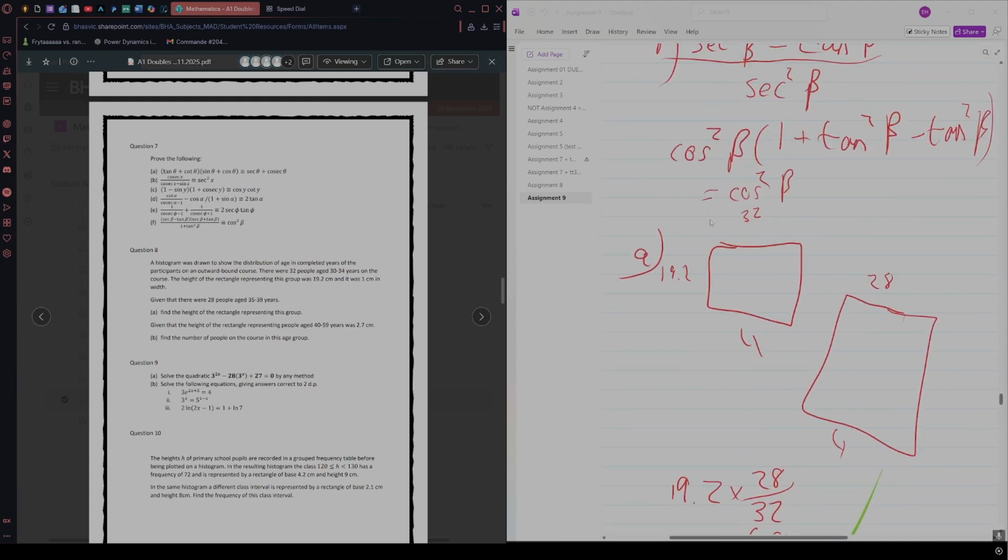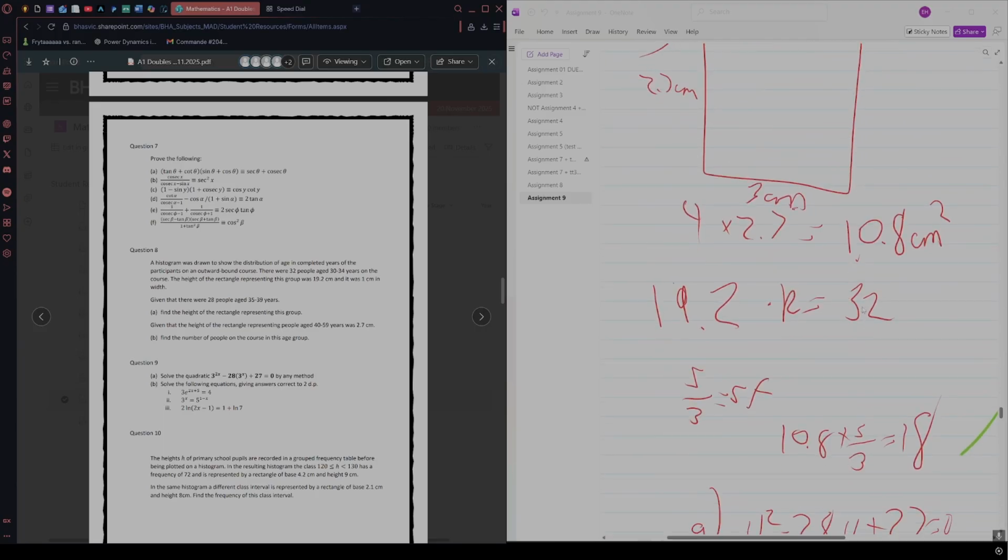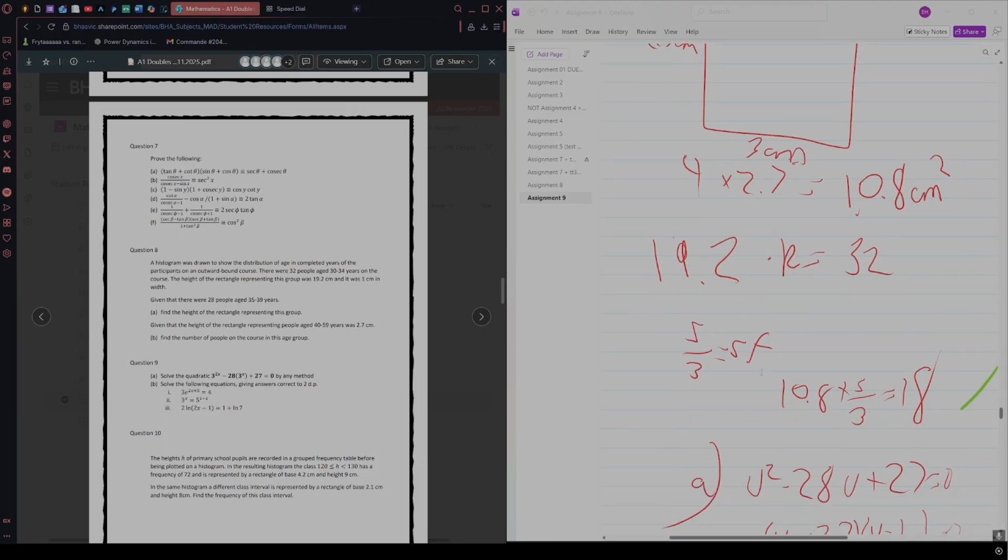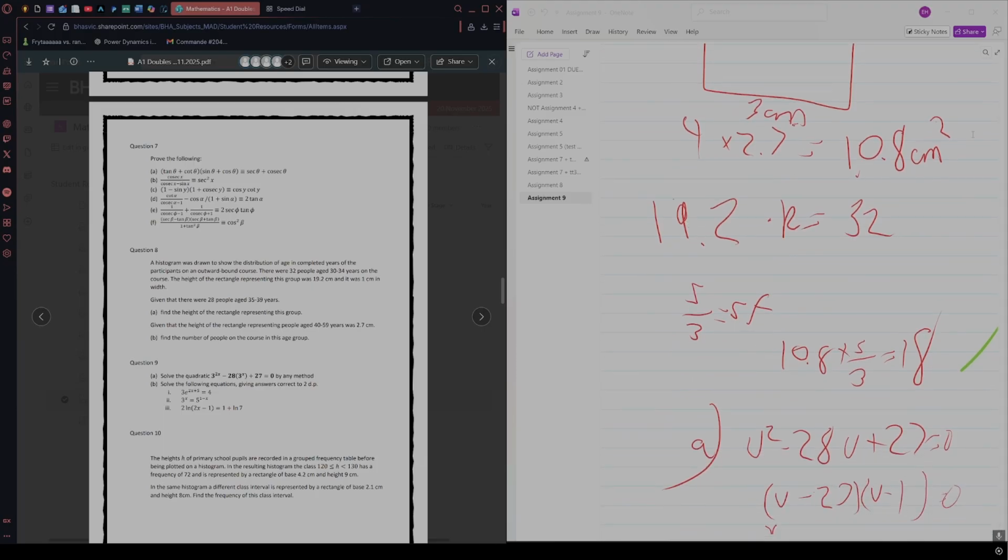The frequency is 32. The frequency represents the area on a histogram, and 19.2 is the area in centimeters squared. So I'm finding the scale factor from the area in centimeters to the area in frequency, and then you can apply that scale factor to this area here that we just found, and that gives you the answer. Right, sorry, I had to relearn that myself because I already forgot it.